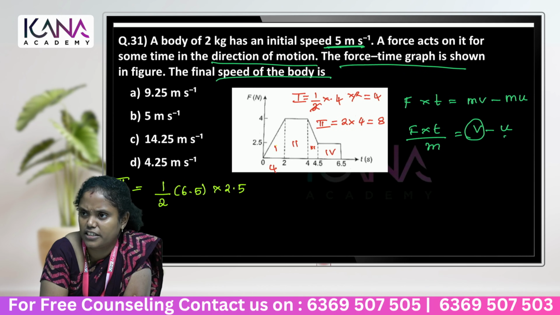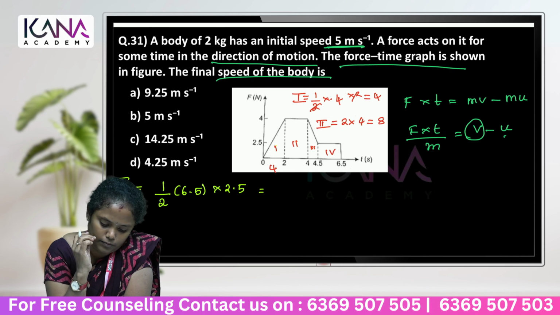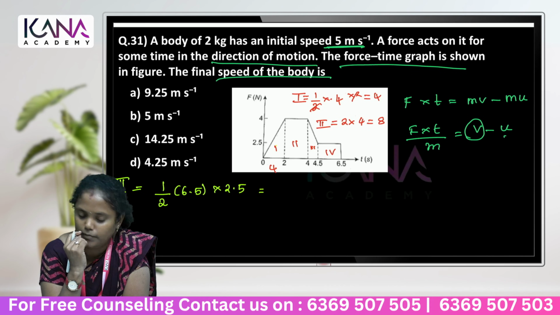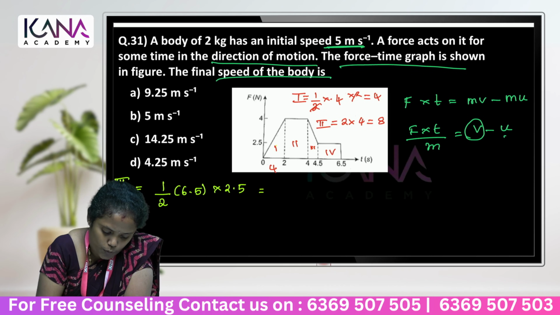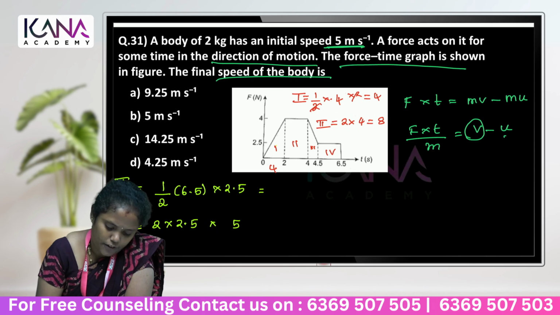Rectangle plus triangle, take and add. To 1. Again 2 into 2.5 is 5.